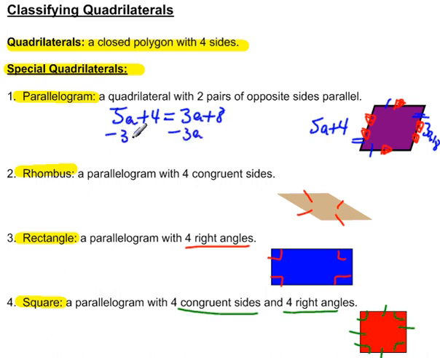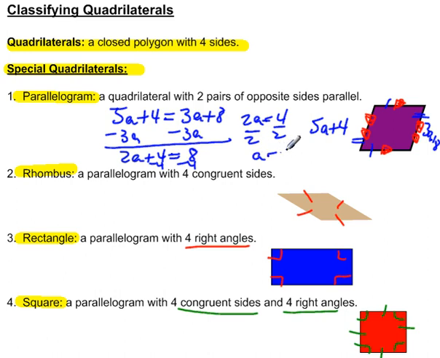We can solve this equation and have 2a plus 4 is equal to 8, where when we subtract 4 from both sides, 2a is equal to 4, and we divide by 2, so a is equal to 2.